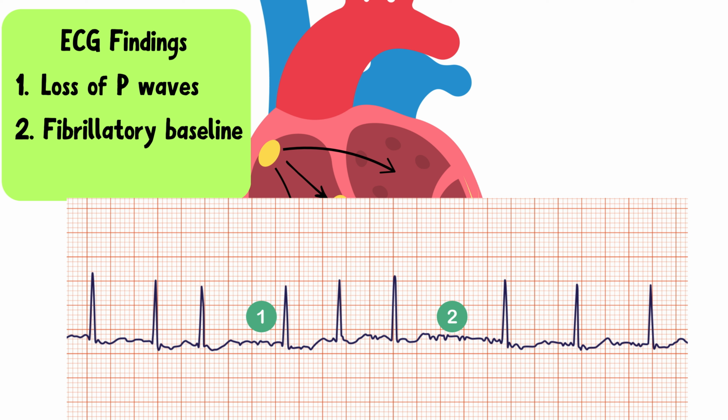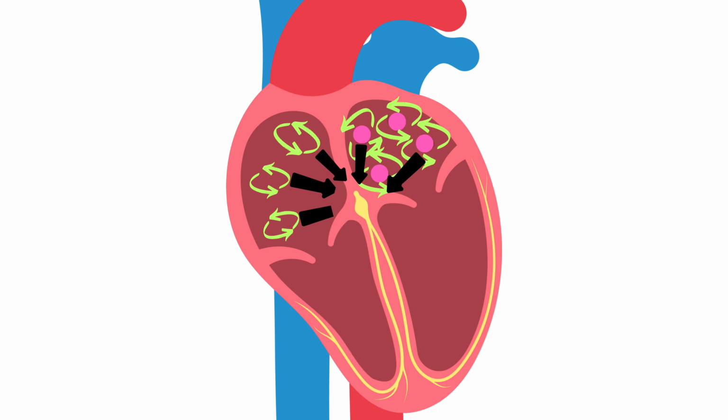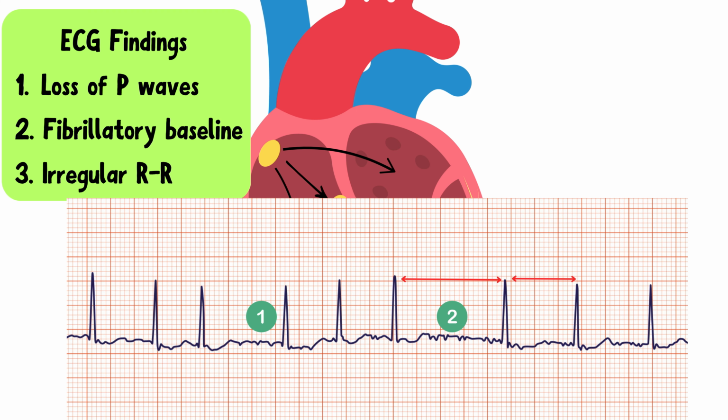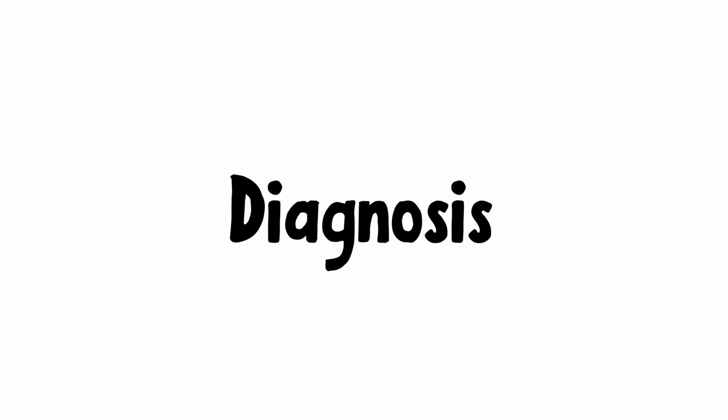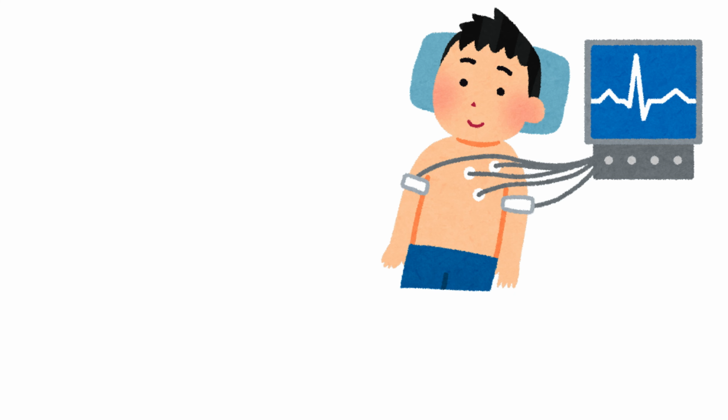The resulting abnormal atrial contraction will cause a disorganized, irregular ventricular depolarization, leading to irregular RR intervals on the ECG. Therefore, atrial fibrillation can easily be diagnosed by looking at a person's ECG strip.